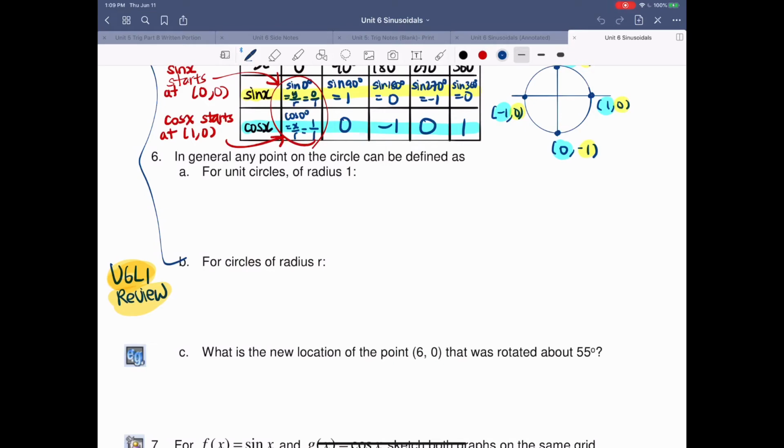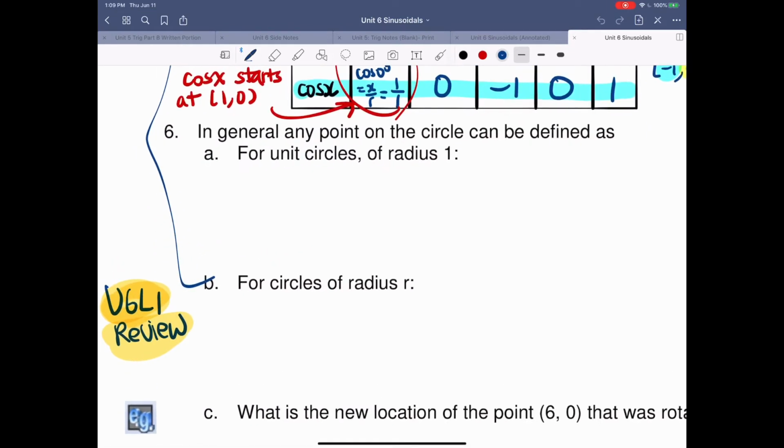In general, any point on the circle can be defined as follows for unit circles of radius 1. We said that sine theta is equal to y over r. For a unit circle, the radius is equal to 1. Because of that, you get y over 1 equals sine theta, and you have y equals sine theta as a result.